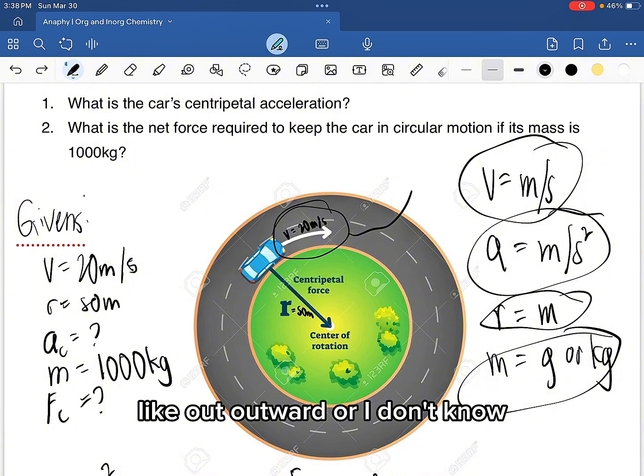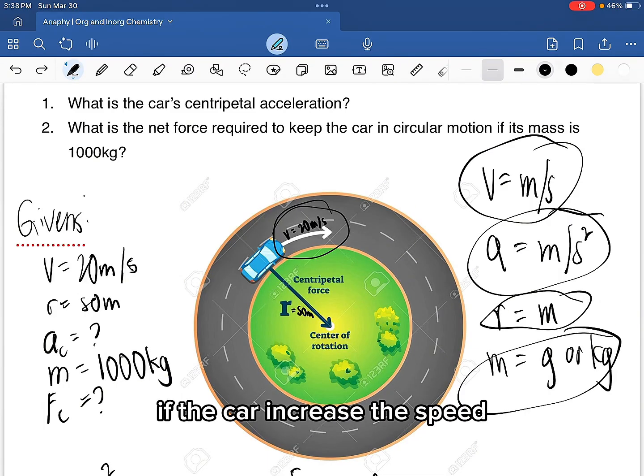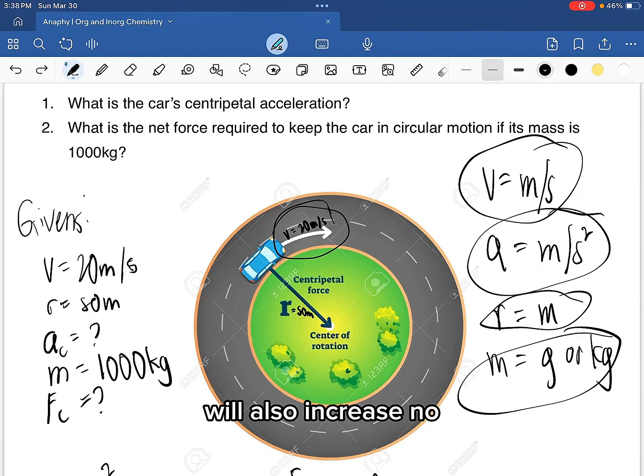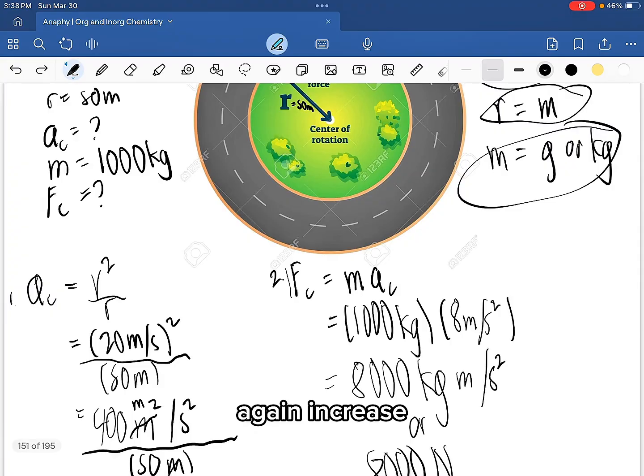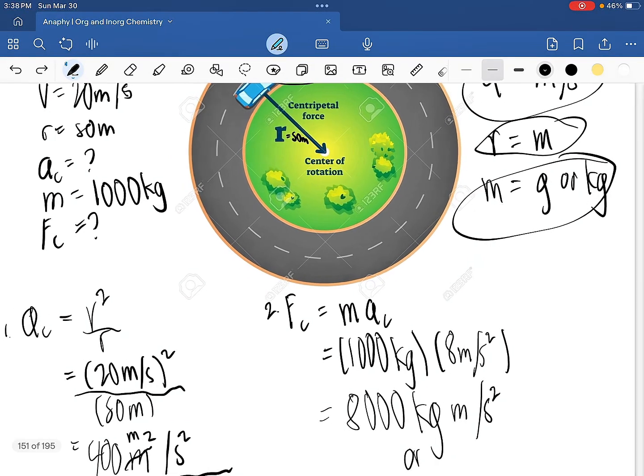Like outward. Basta aalis siya sa circular path. If the car increases its speed, the required force will also increase, right? The acceleration will also increase.